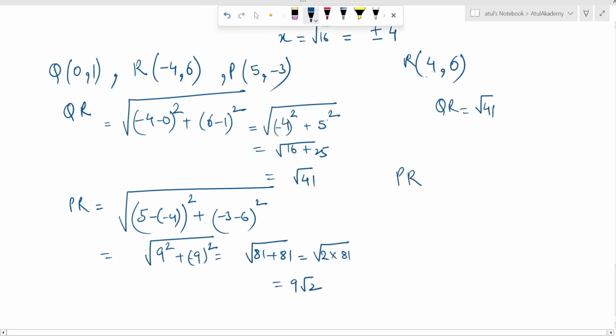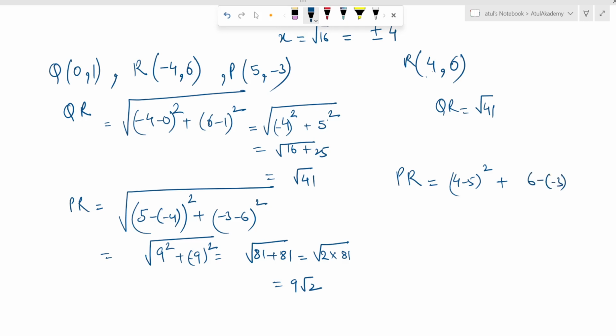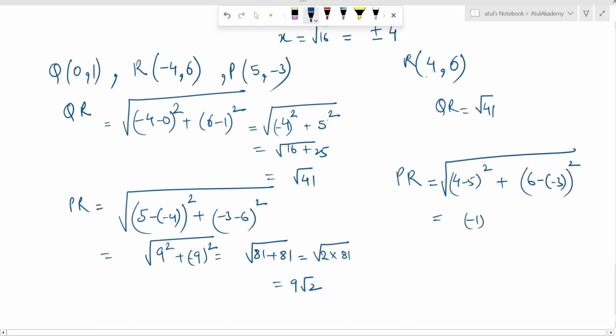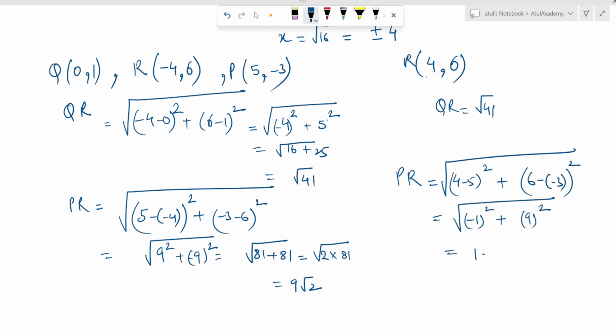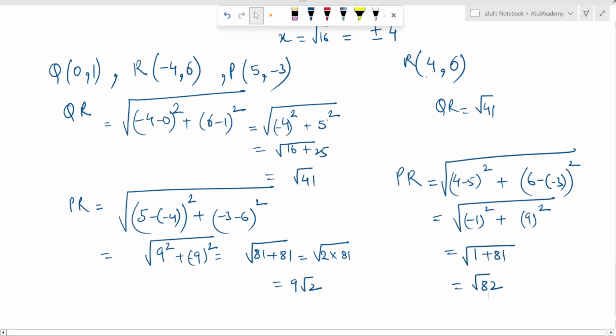Now, when R is (4, 6), the value of PR will be square root of (4 minus 5) whole square plus (6 minus minus 3) whole square. So that will be minus 1 square plus 9 square, which is 1 plus 81, that will come out to be root of 82. You can't simplify this. So these are the different values coming out. I hope this question is also clear.